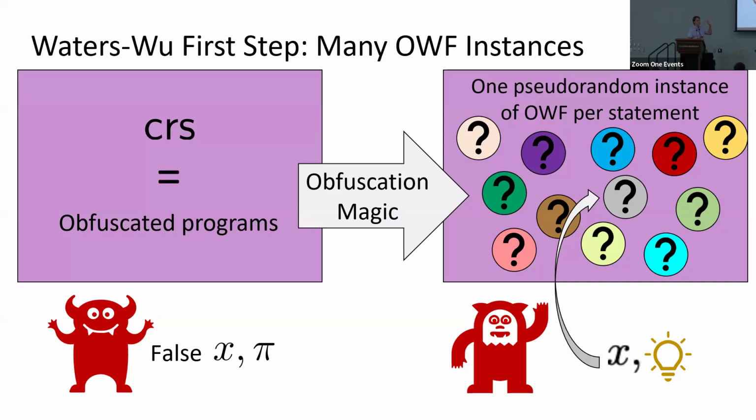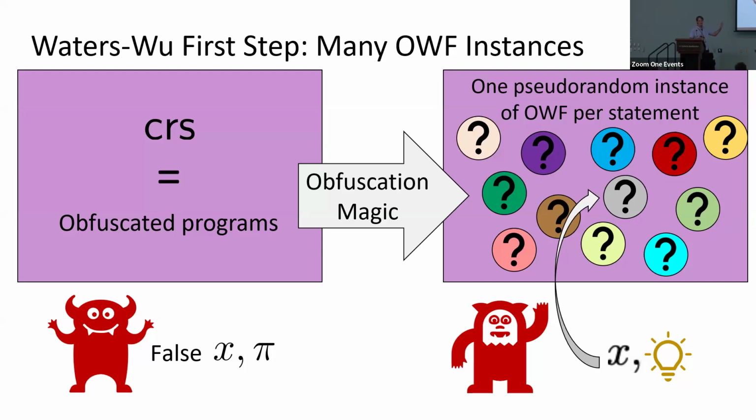And what they do is they transform this into a different looking world where for every single instance, you have a pseudo-random instance of your one-way function. And these are all succinctly represented in the obfuscated programs that live in the CRS. But now on the right-hand side, we don't care about X being a false statement or not.